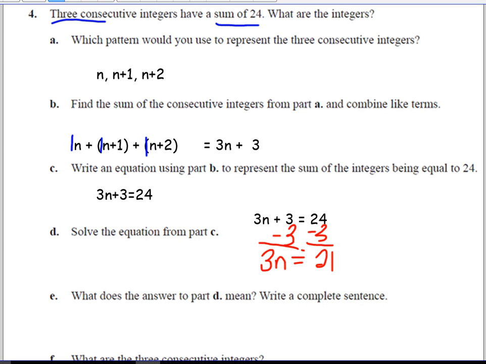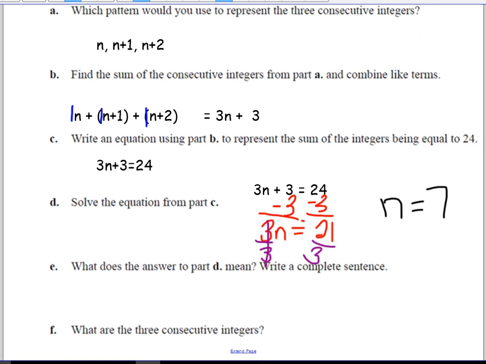And now we get rid of our multiplication by dividing. So we'll divide the 3 off because 3 divided by 3 is 1. And 1n, we can drop the 1, make it invisible. And so 1n is the same as n. And then 21 divided by 3 is 7. So we found that n equals 7.